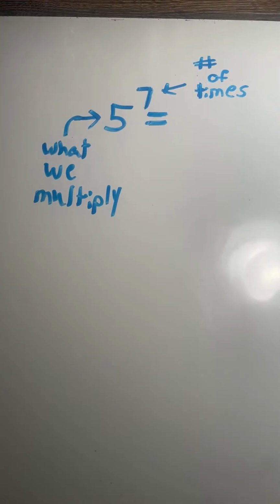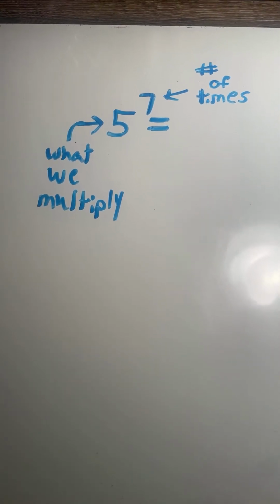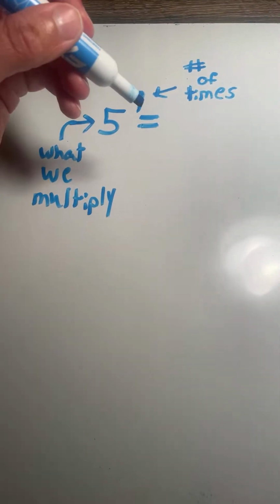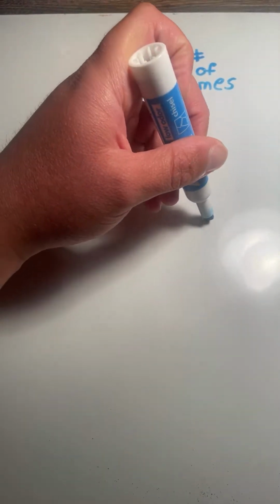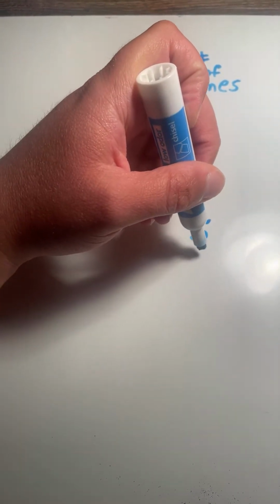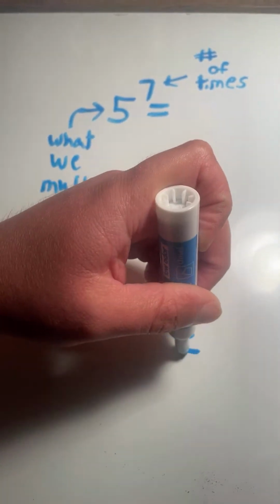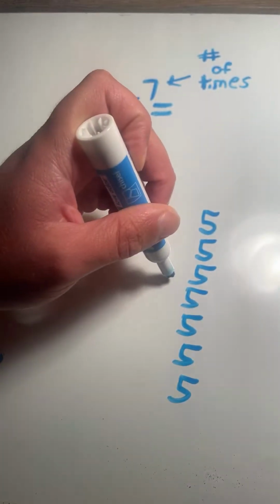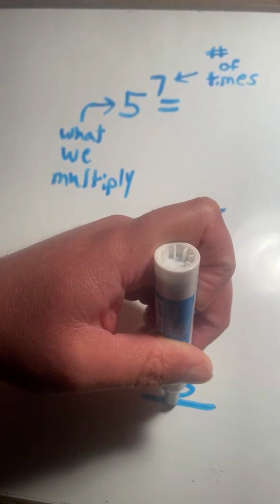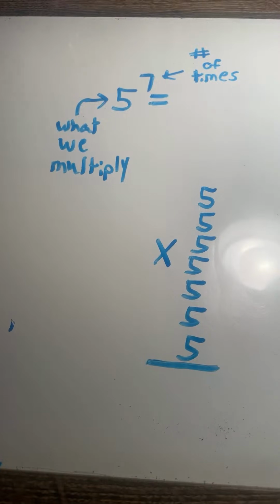So for 5 to the 7th power, we are going to multiply the number 5 7 times. So if we were to write this number out in long form, we are multiplying 5 times 5 times 5 times 5 times 5 times 5 times 5. We are multiplying the number 5 7 times.